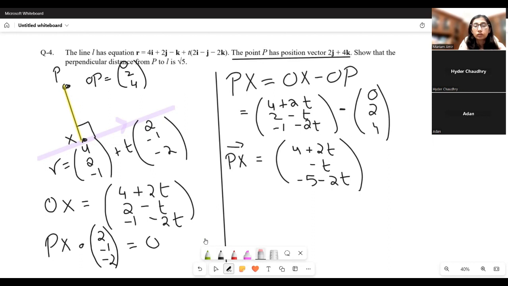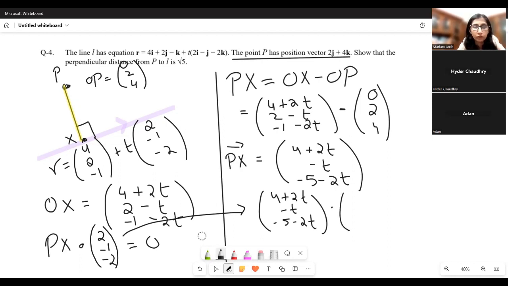Okay. So now let's take the dot product. (4 plus 2t, -t, -5 minus 2t) dot the direction vector of the line R, which is (2, -1, -2). And that would be equal to 0.